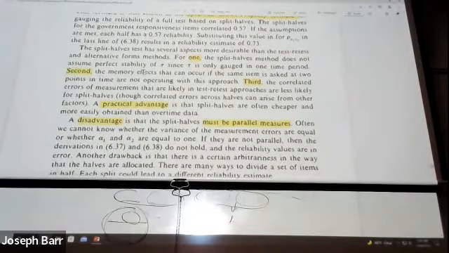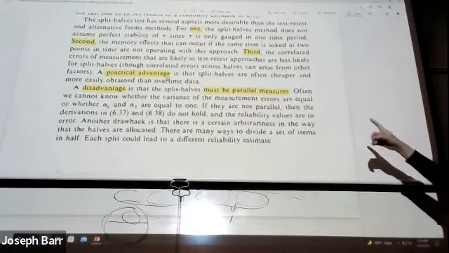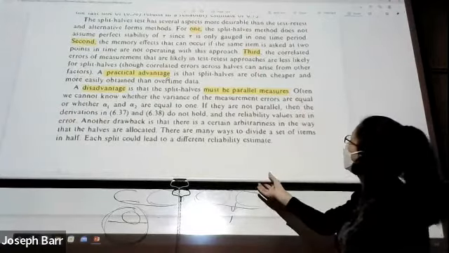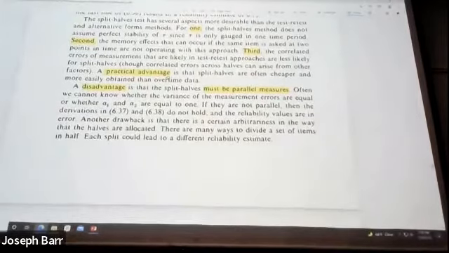There's no memory effect because split half is different, and the correlated errors are not like a test retest. And also a practical advantage is that it's often cheaper. If you think about the budget, the cost, it's often cheaper and more easily obtained than over time.